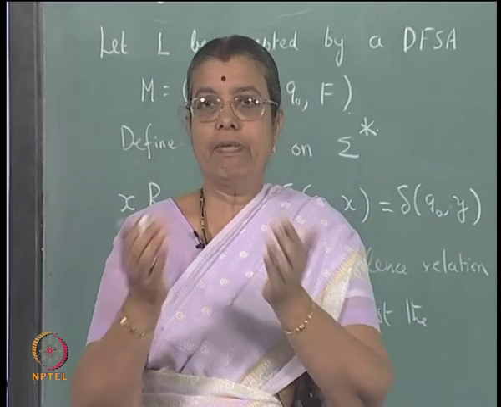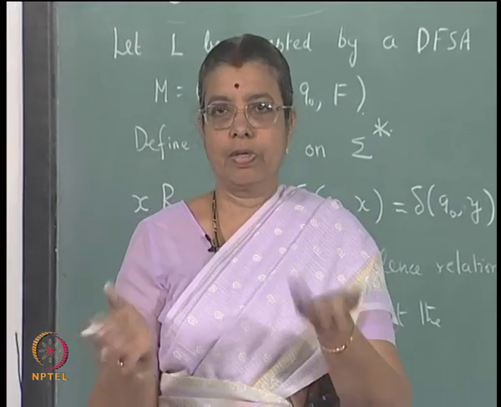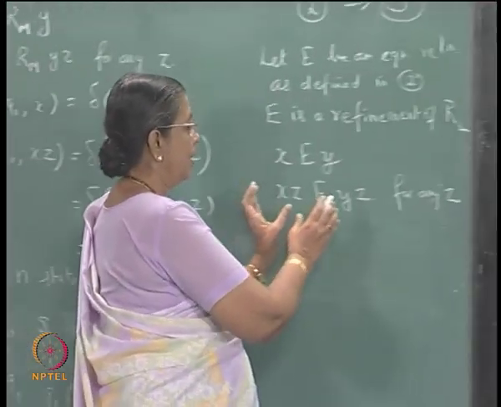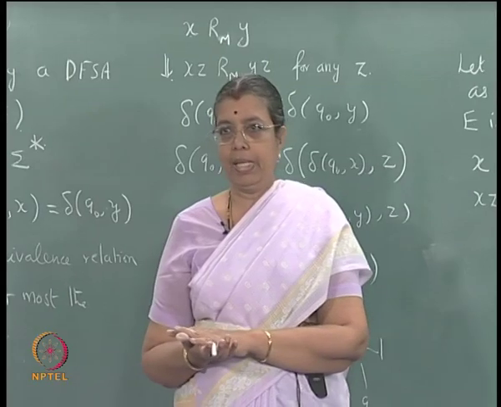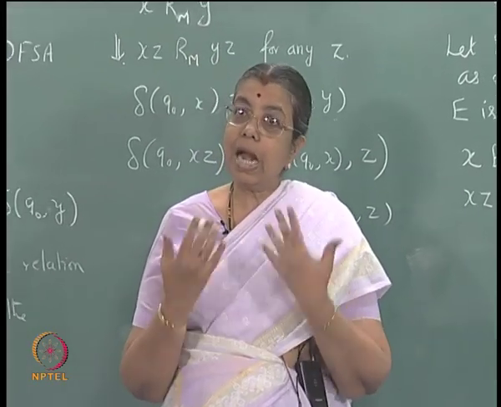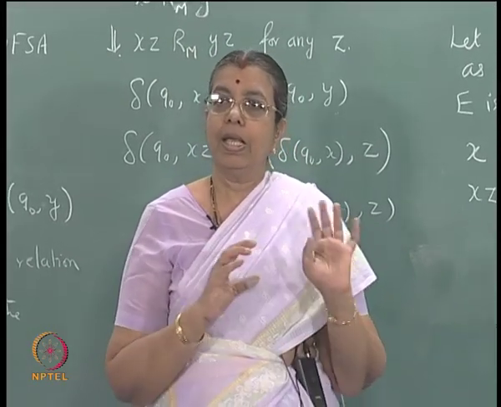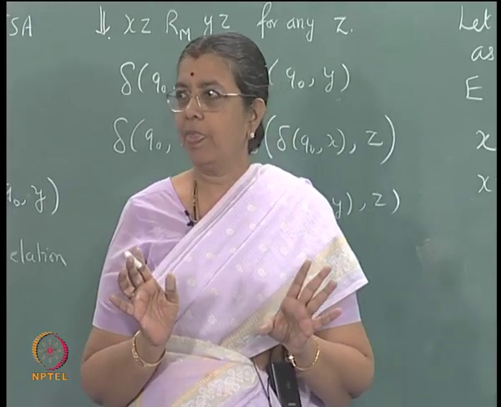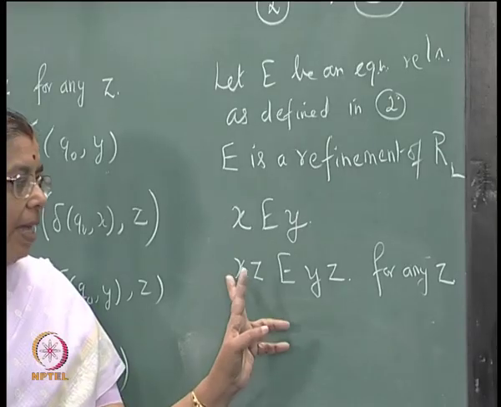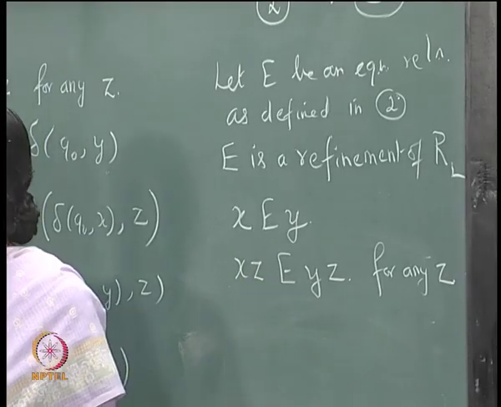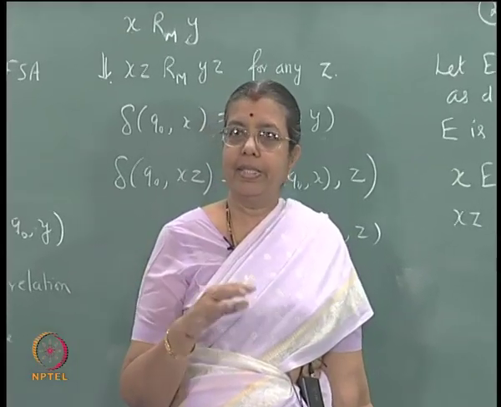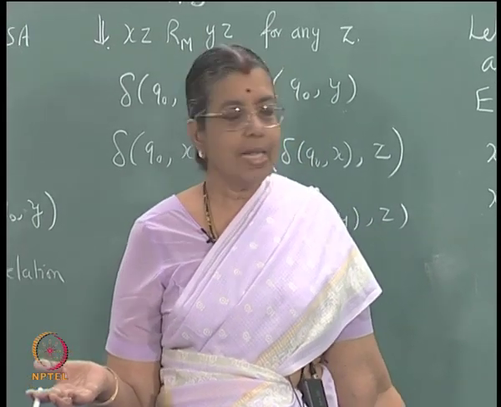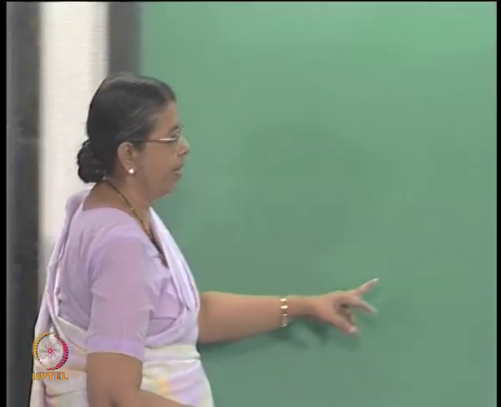L includes one equivalence class completely, or it excludes it. So, if L includes this equivalence class, both xz and yz will be in L. If L does not include this equivalence class, xz and yz both will not be in L. So, for any z, either xz and yz both will be in L, or both will not be in L. Is it clear? That is the condition of RL.